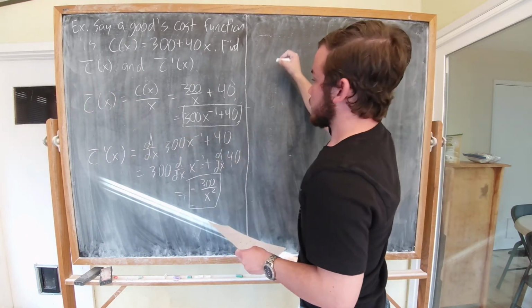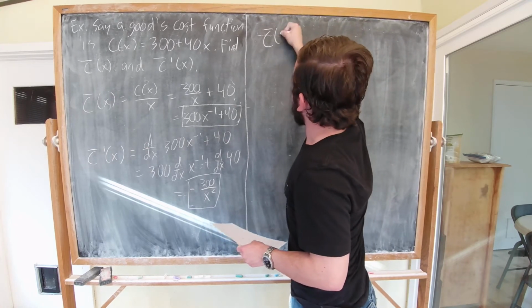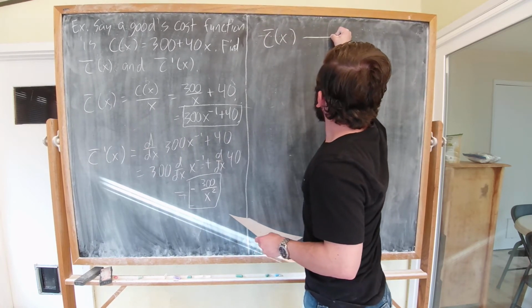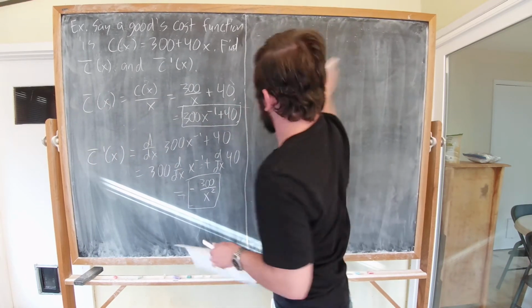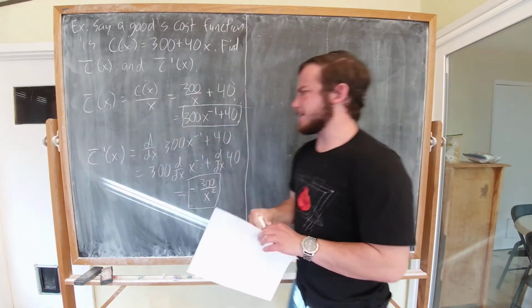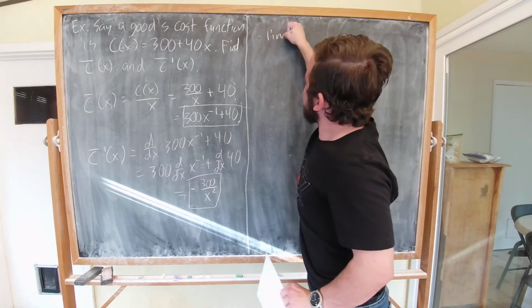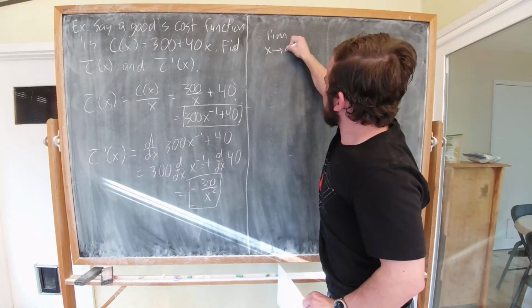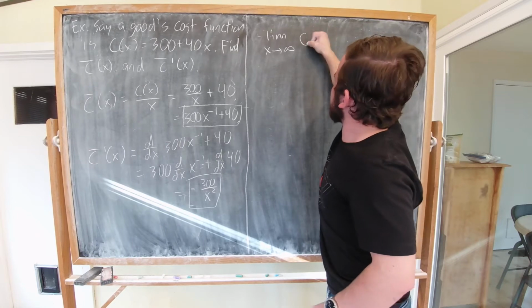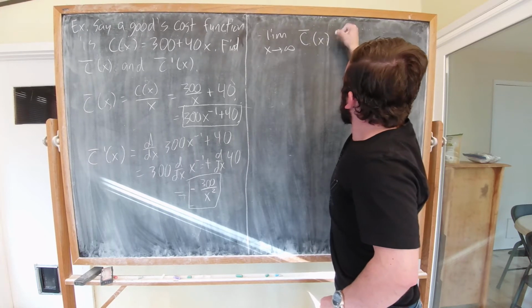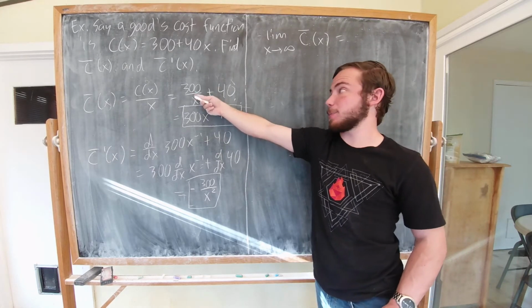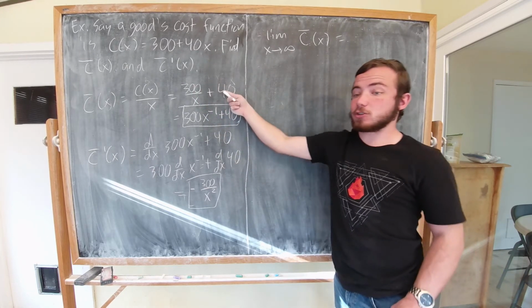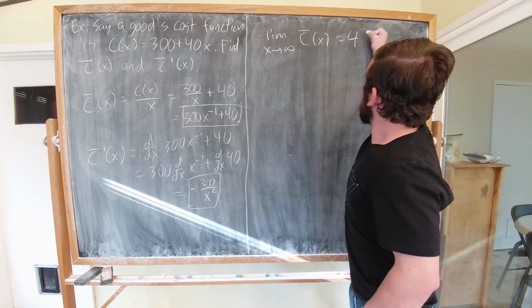Let's note that, using the formal notation since we're in calculus class, the limit as x goes to infinity of C bar of x is what? As x gets really, really big, this term gets really, really small, so we're just left with 40.